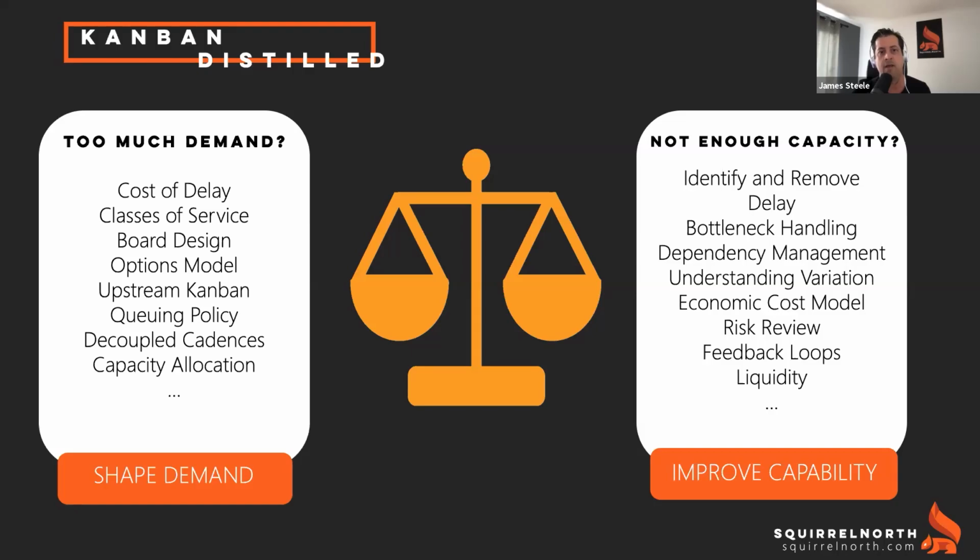They're just on this slide to show you that we have a lot of tools at our disposal to try and bring things in balance. So improvement opportunities emerge when you discover the underlying causes of this imbalance, and Kanban enables you to bring that more into balance.